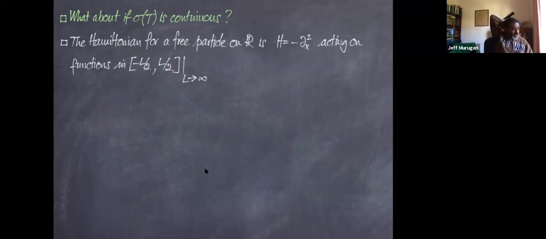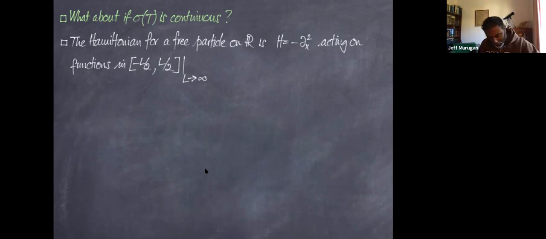So in order to make sure that our integrals converge and all of that, whenever we need to take integrals, we'll put a bound on the interval that we're considering. So instead of considering the whole real line, we'll consider the interval from minus L over 2 to plus L over 2, and then at the end of the day, we can just send L to infinity.